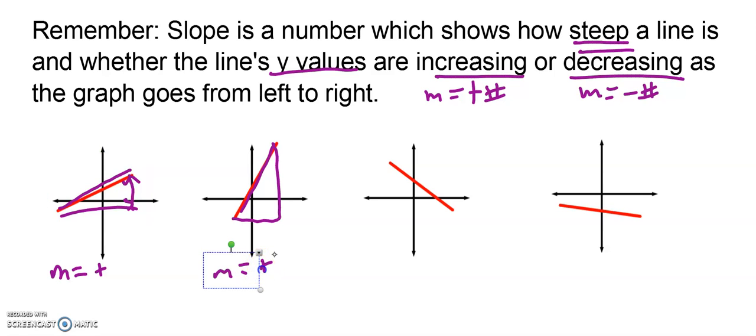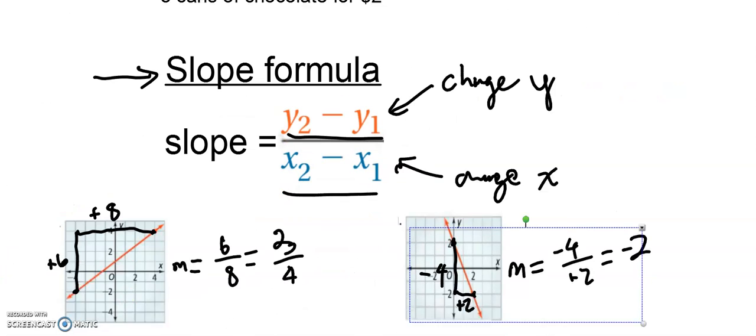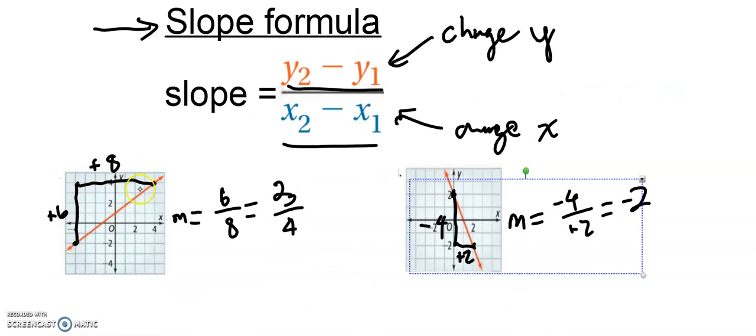But since this line on the right is steeper than this line, its associated number must be a bigger number than this line. So this one might be only +0.5, or this one might have a slope of +2. Now again, if you actually wanted to calculate it, you would have to either count like we did here or use this formula like we did here.